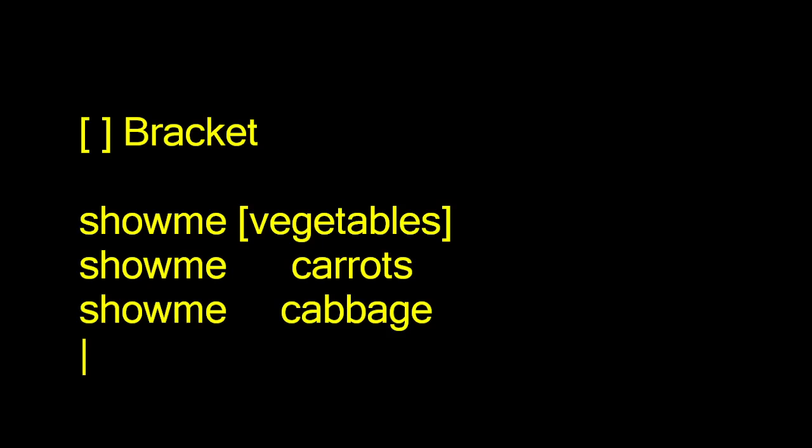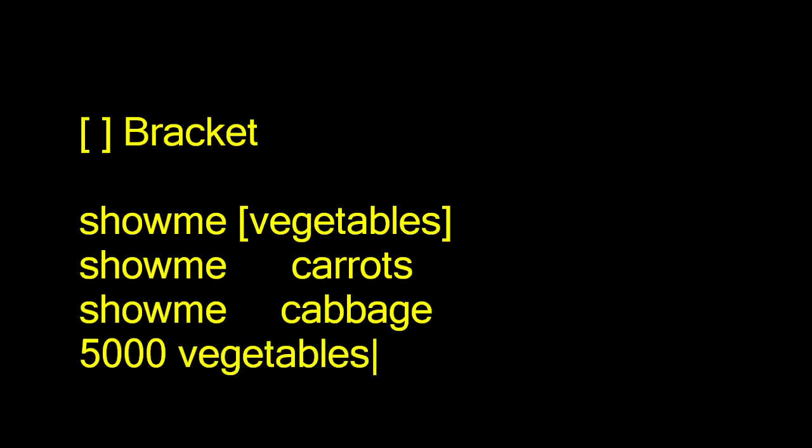Now, see? Let's say we look in Google for how many types of vegetables, or how many families of vegetables. So let's say we have 5,000 vegetables, for example. I don't know if it's exaggerated or not.